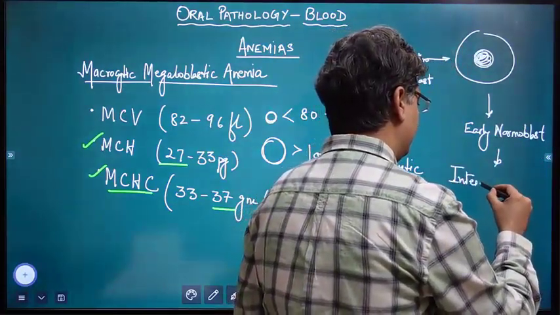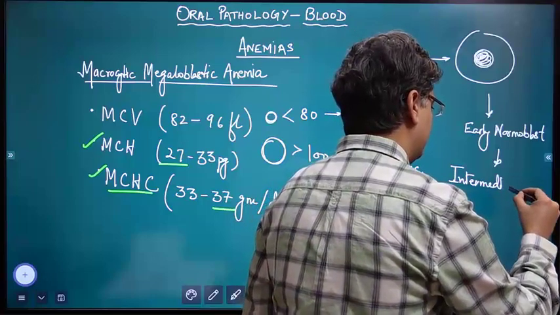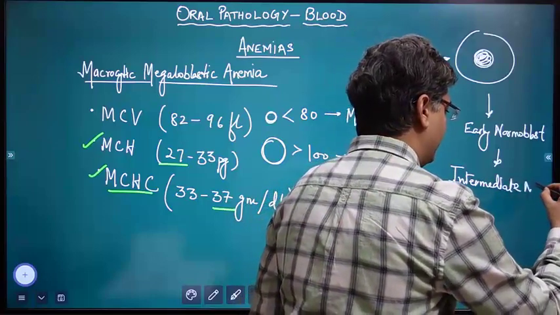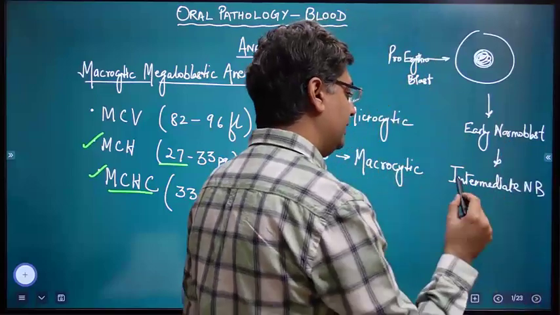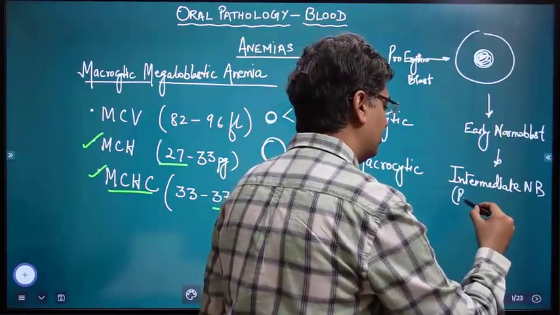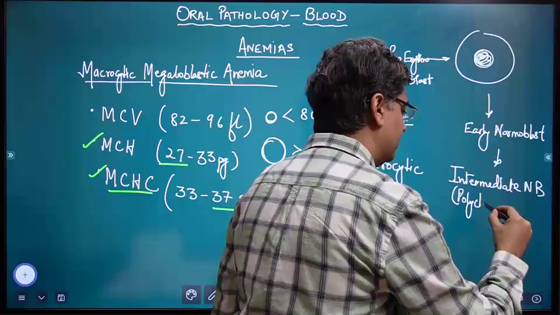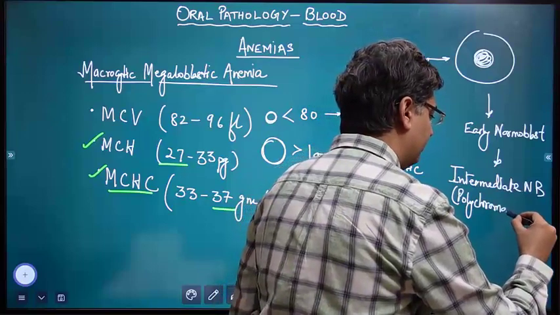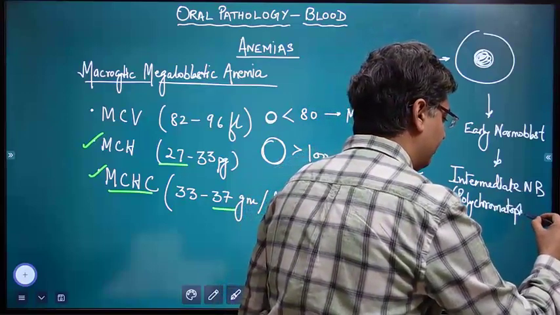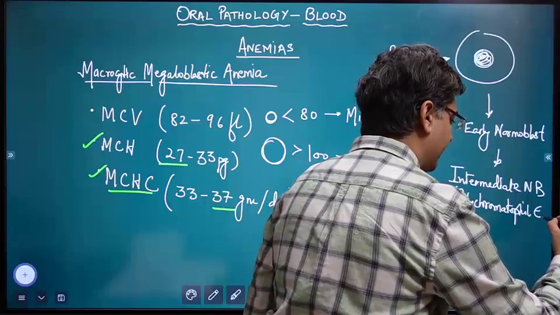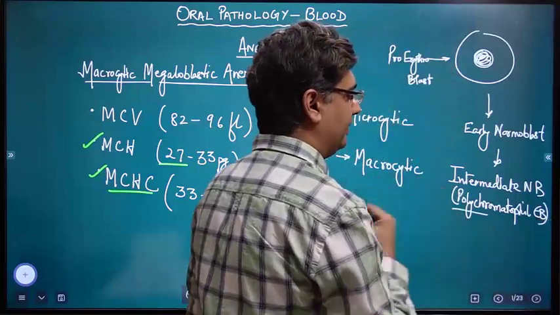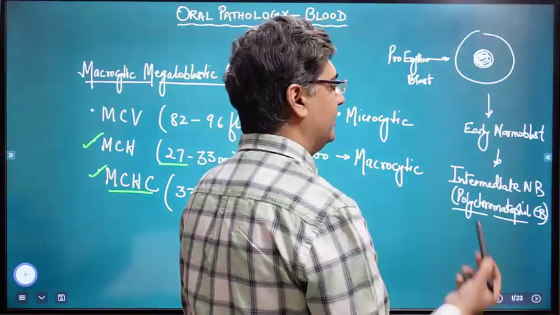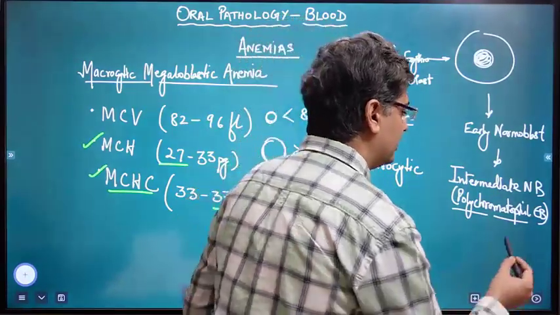The intermediate normoblast is also called the polychromatophil erythroblast. Why polychroma? Because poly means multiple and chroma means colors. This is where hemoglobin actually starts to appear.